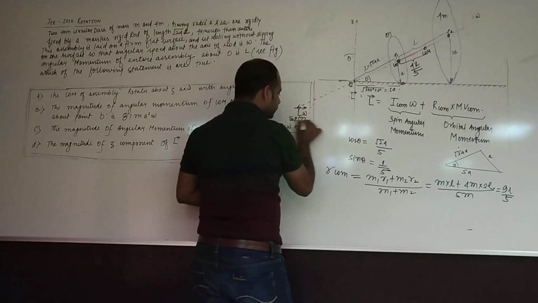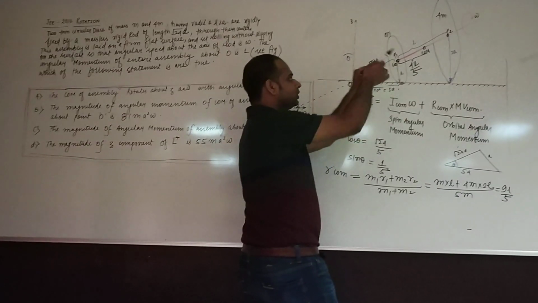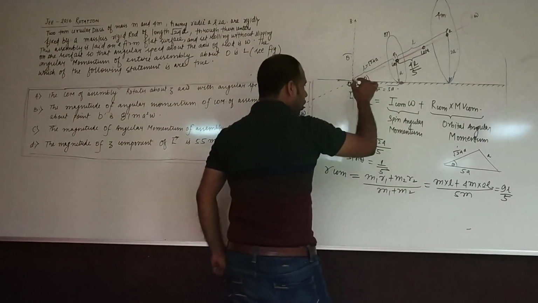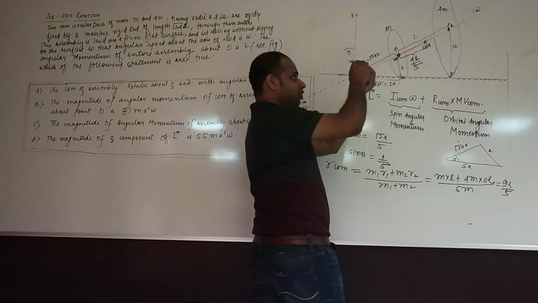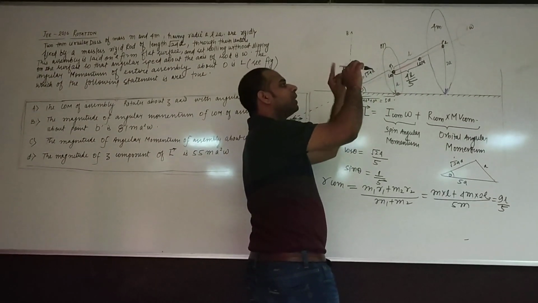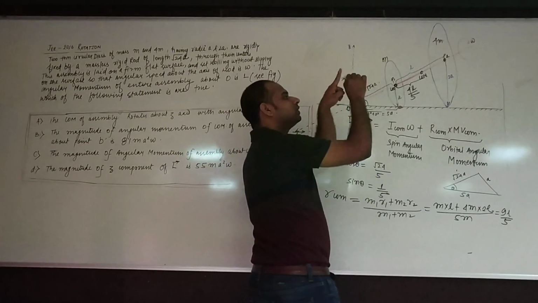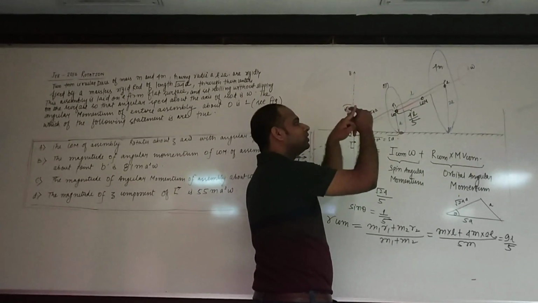This is our spin. Since it is rotating about this, there will be an orbital angular momentum, but it won't be about the z axis since it is not rotating like that. If it was perpendicular to this and rotating like this, it would have been about the z axis, but it is rotating like this, so it's not about the z axis.